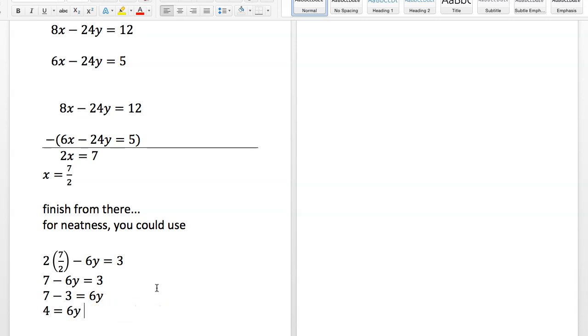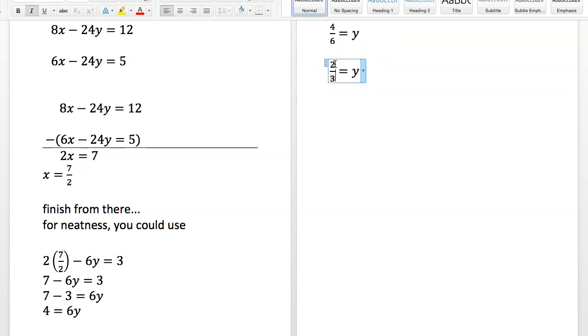And then divide both sides. Well, I was hoping to finish it on this, but I got to jump, so it's going to jump to the other page. 4 equals 6y. Divide both sides by 6. Now, 4 over 6 is good, but that reduces, right? Control C. That reduces to 2/3.